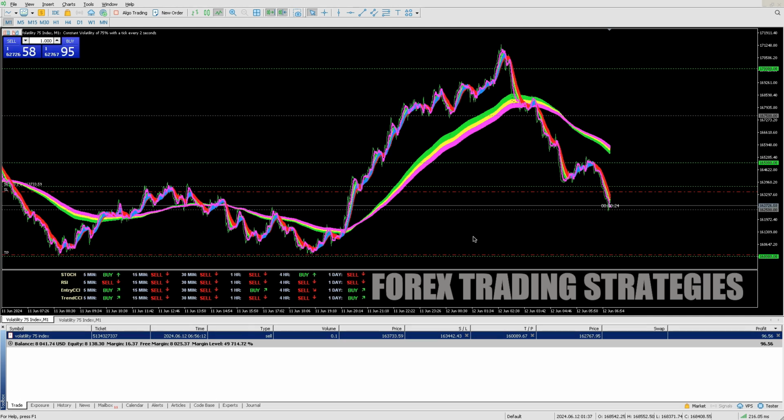It's the same game here. Trust me, if you find somebody who tells you they've never lost any money with any broker, they've never lost any money in trading, run away. That person is lying to you. Losses are part of the game, but you learn from them.